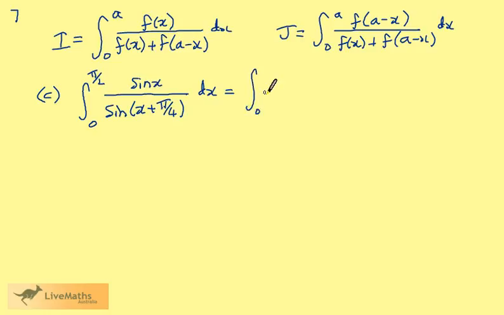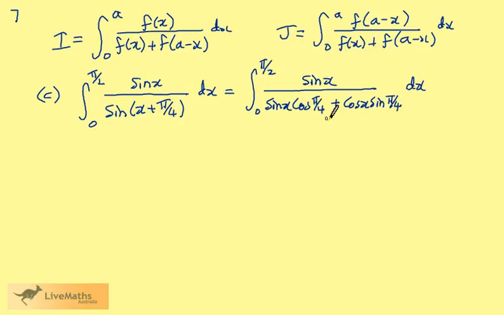So that's the integral from 0 to pi by 2 of sine x over, using the expansion for this, sine x cos pi by 4 plus cos x sine pi by 4 dx.